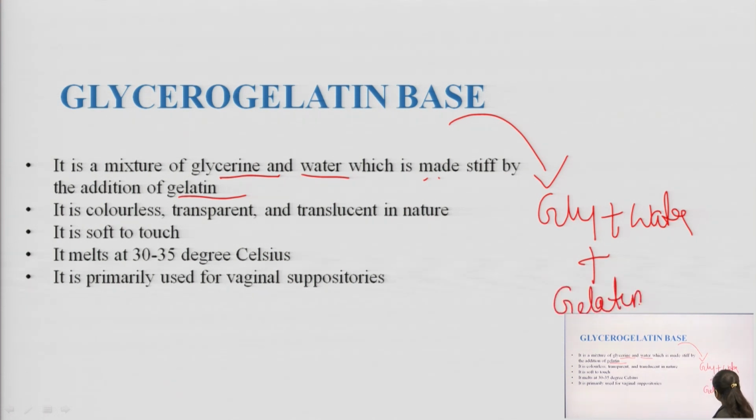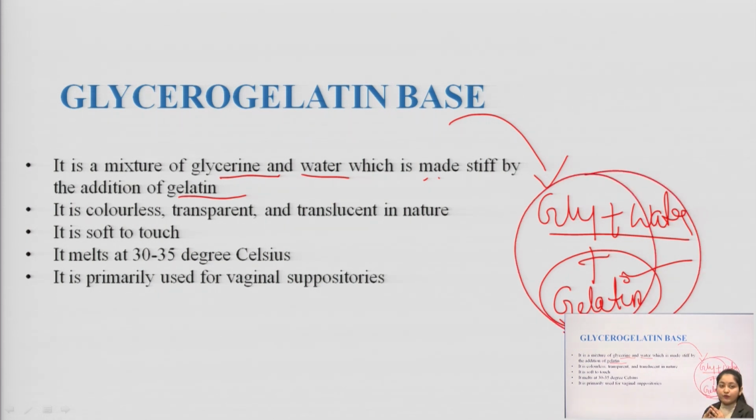When we mix glycerine and water, what we get is a mixture which is quite soft in nature. But what we want for suppository is a base that is rigid, is hard. In such cases, we add gelatin to it in order to have a certain kind of firmness, integrity, solidity. As a result, glycerogelatin base is a mixture of these three important substances.